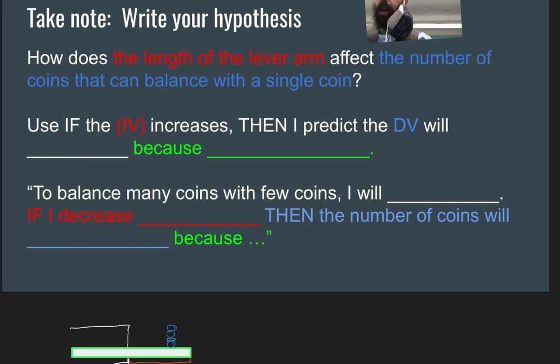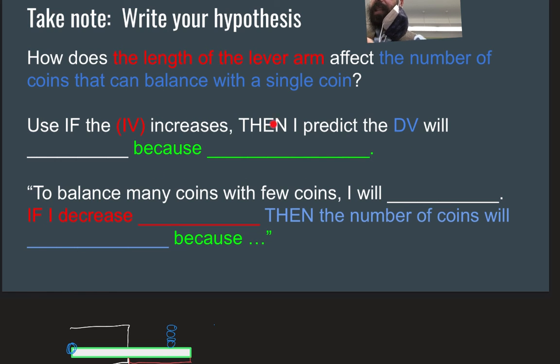Here's some help writing your hypothesis. The question is, how does this length, this distance from the center, called the length of the lever arm, affect how many coins you can balance with just one lonely coin? I could say that if I increase the distance, then I predict that the number of coins will increase or decrease or stay the same.